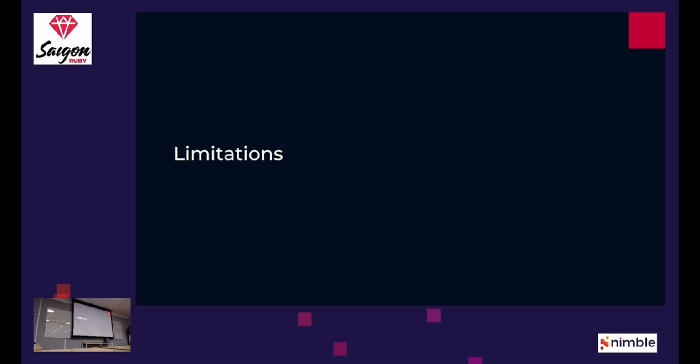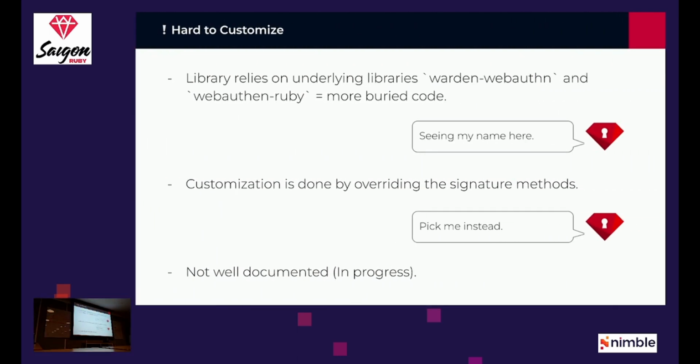And after trying that, I see some limitations. First, this library relies heavily on two other gems, Warden, because technically it is just a wrapper for Web Authentication Ruby, and it also integrates with Devise, so it also needs some authentication strategy. So it needs to rely on other libraries, Warden Web Authentication and Web Authentication Ruby.